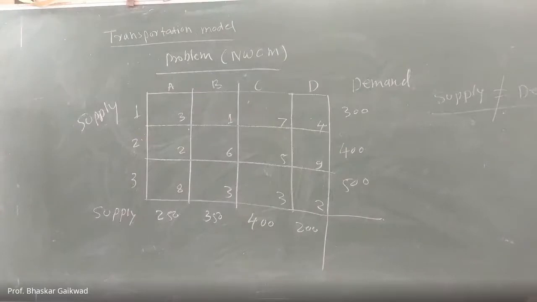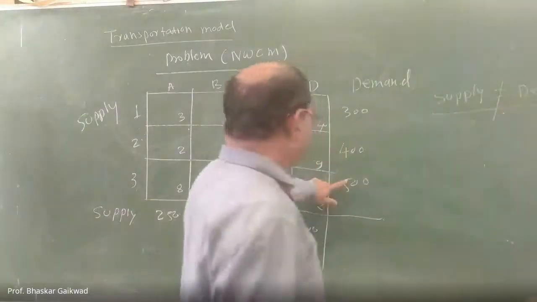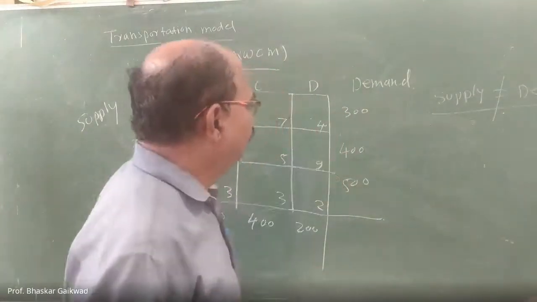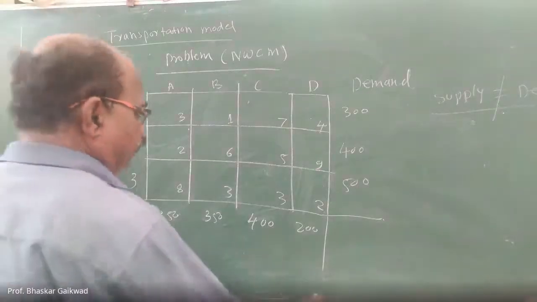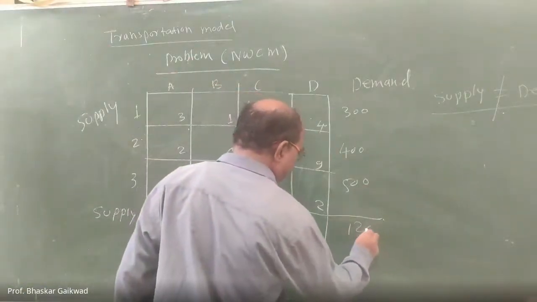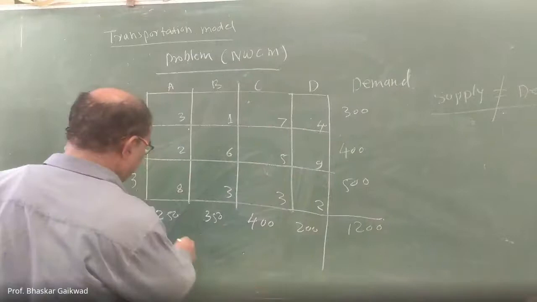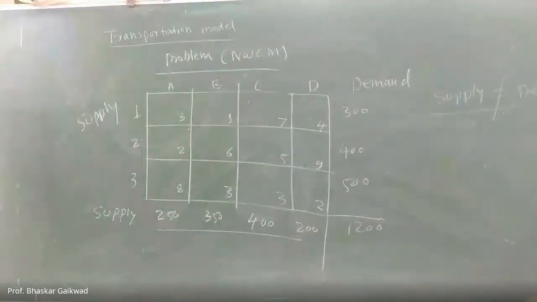Okay. So here, 500 plus 400 plus 300. How much demand is there? 1200. Similarly, you can check this: 350 plus 250, 500 plus 400, 900.